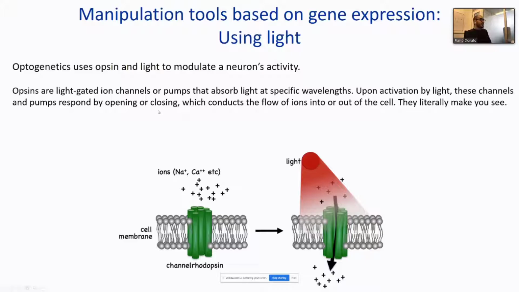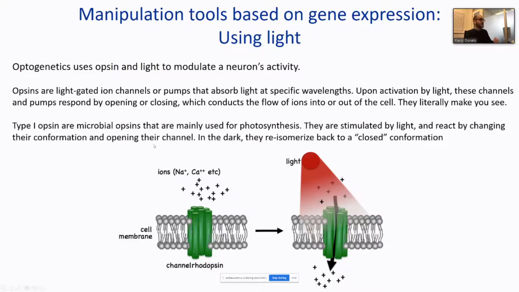Now, there is particularly a class of opsins. These are expressed in microbes, which are used for photosynthesis, that are very particular because they're quickly opened by specific lights at specific wavelengths, which are not the ones that we see, because bacteria use a lot of different wavelengths. They live in places that don't have the visible light that we see, but they're also able to immediately reisomerize back to the closed configuration when the light is withdrawn.